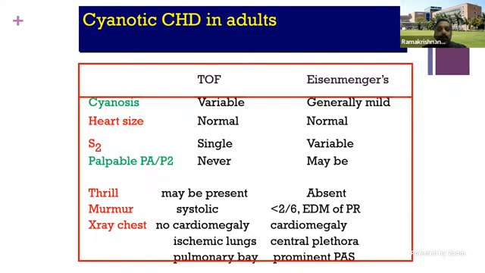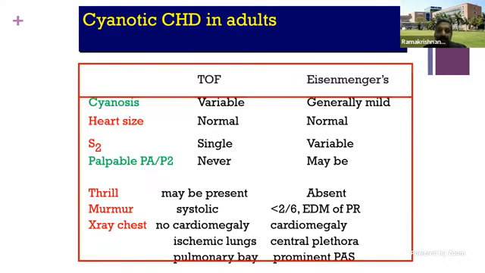Generally, in Eisenmenger syndrome the cyanosis is mild. And most importantly, heart size is normal in both of them. S2 is single in tetralogy, and a palpable P2 is never found in tetralogy, but Eisenmenger can have a palpable P2. And when we say never in clinical examination, there will always be some exceptions. In some other variants, it can be found.